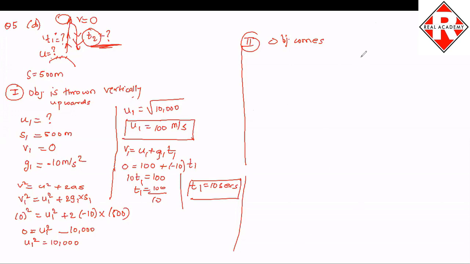The next thing that we will see is when the object comes downwards. Now in the second case, if the object is coming downwards, what are we going to take?